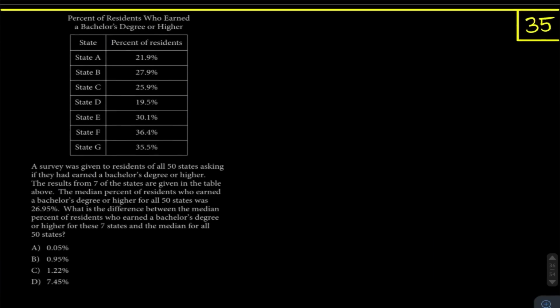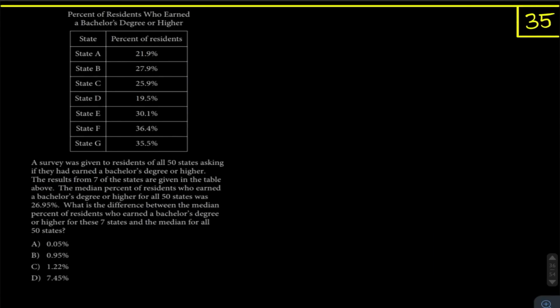Moving on to problem 35 here, we have a table that is giving us the percent of residents who earned a bachelor's degree or higher. The problem says a survey was given to residents of all 50 states asking if they had earned a bachelor's degree or higher. The results from 7 of the states are given in the table above.